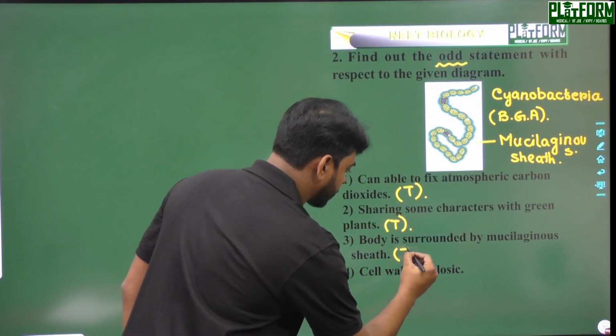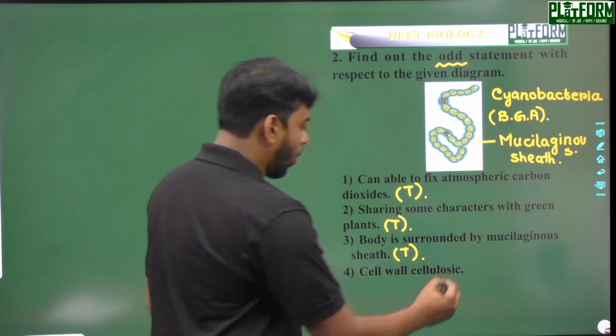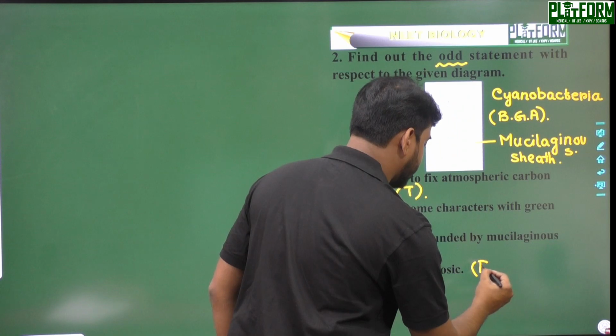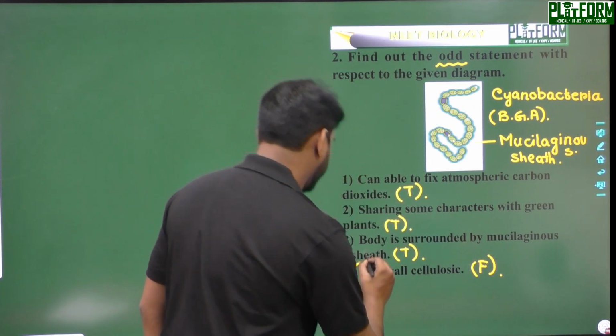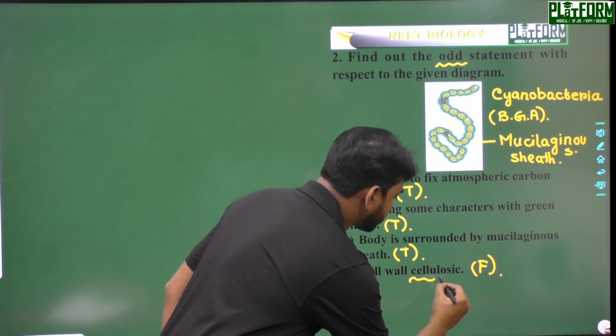So this is also a true statement. So obviously the odd statement or the false statement is statement number 4, where it is written the cell wall is cellulosic.